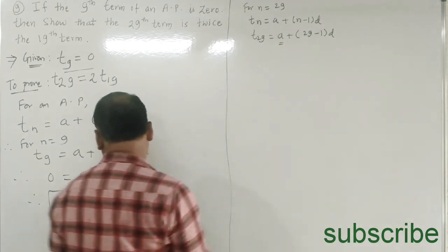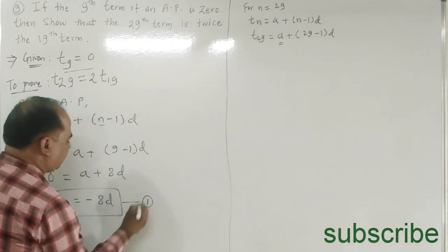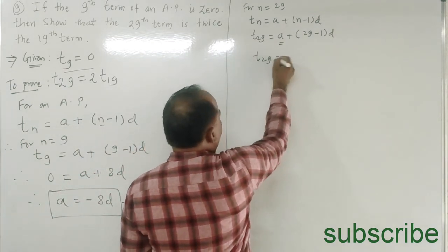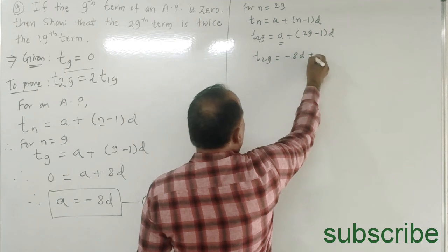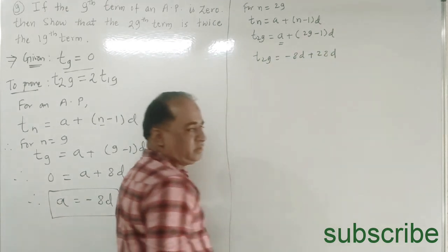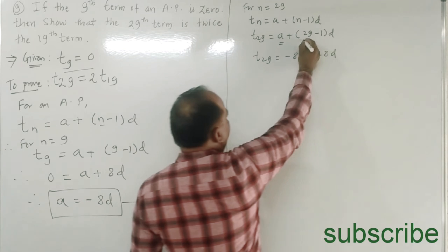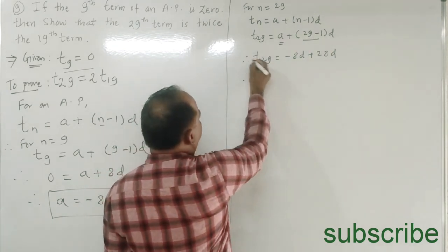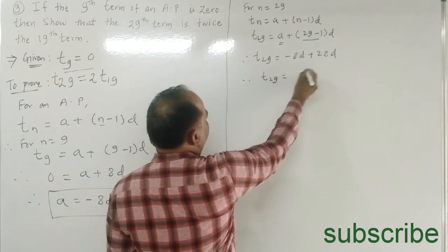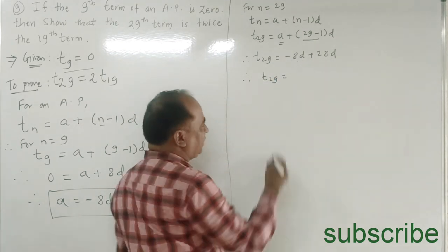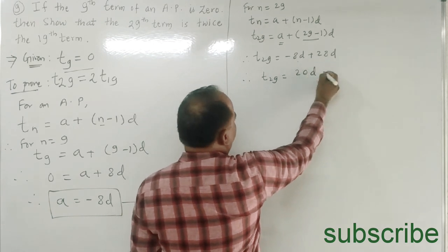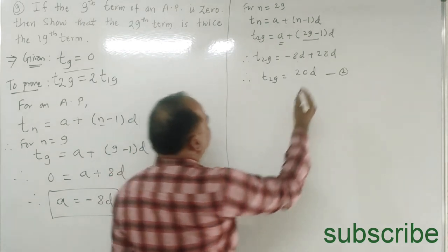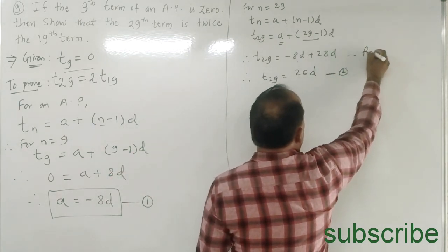Now this a is equal to minus 8d. So T29 is equal to minus 8d plus 28d. 29 minus 1 is 28d. Therefore, we get T29 is equal to 28 minus 8, that is 20d. This is number second.